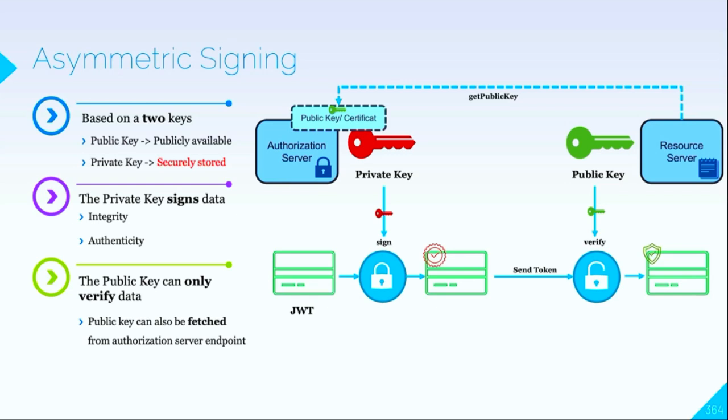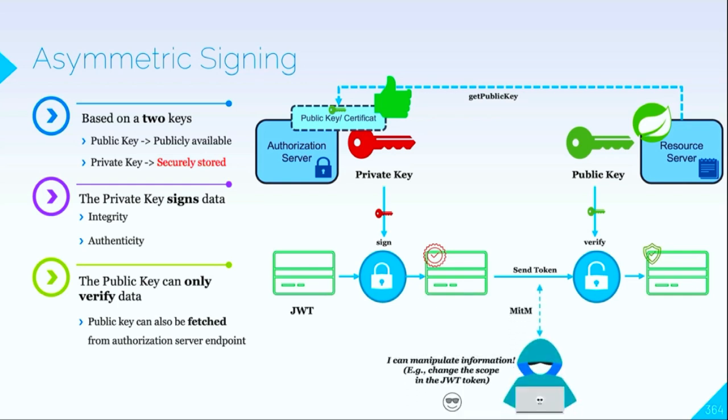Alternatively, the authorization server could provide an endpoint that allows resource servers to fetch the public key as needed. This approach is more practical because if the authorization server changes the public key, the resource server can automatically fetch the updated key from the endpoint. In many frameworks like Spring Boot with Spring Security, the key will be cached when the application starts. And if an unknown signature is encountered, the application will call the endpoint again to update the public key if necessary.